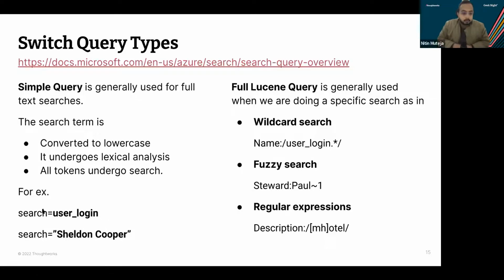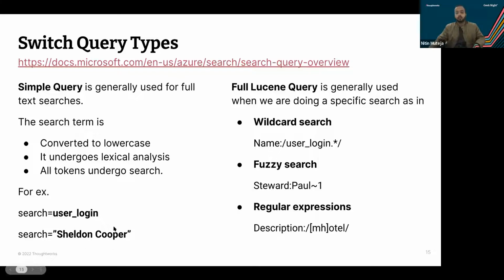But there could be scenarios where you're not interested in getting data sets starting with user or having login as a keyword in it, right? You'll want to search for the entire term. For instance, I'll say I want to search for a steward named Sheldon Cooper, right? All you have to do is enclose the term in double quotes, and it will search for the entire lexical token.